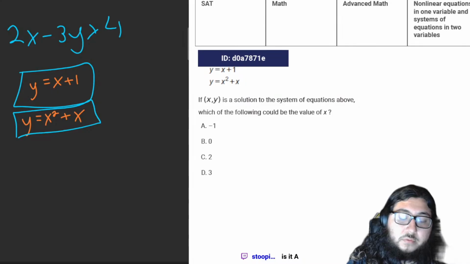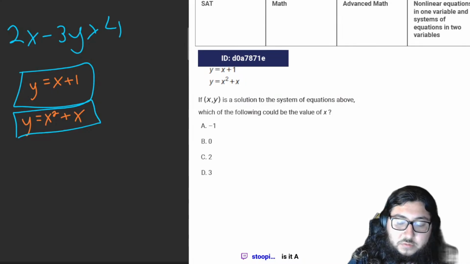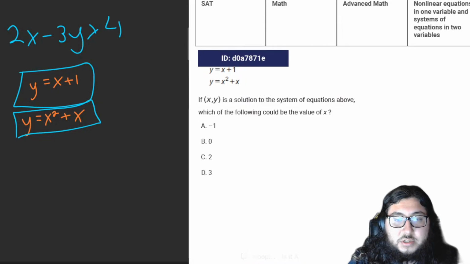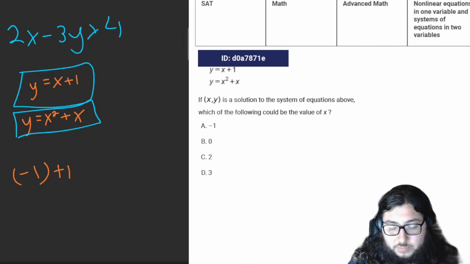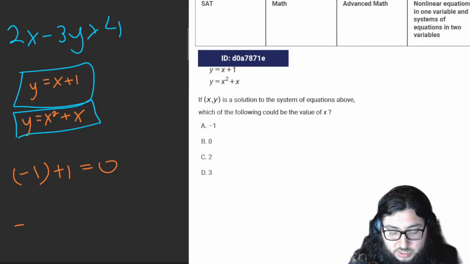So if we plug in -1 into the top equation and the bottom equation, you'll find that it does satisfy this equation. So -1 plus 1 does equal 0, as well as -1 squared plus -1. This gives us 0.